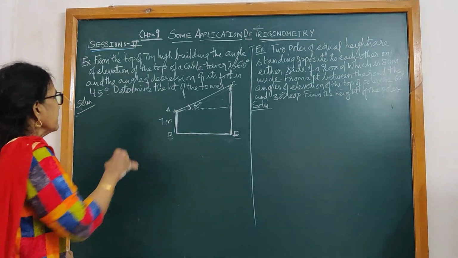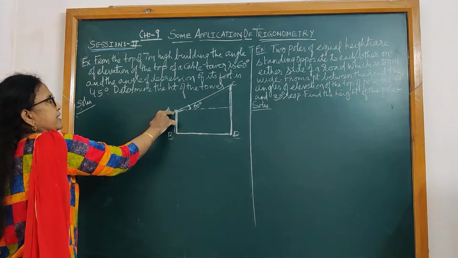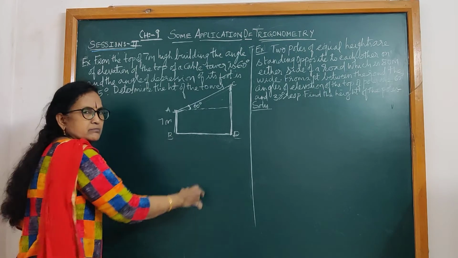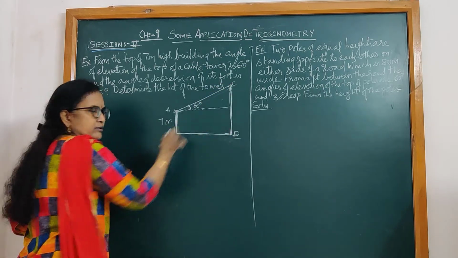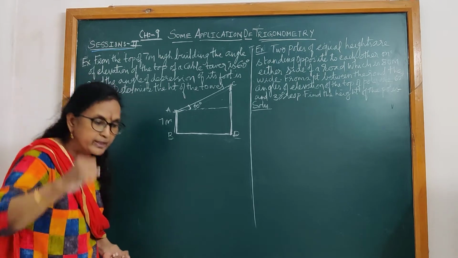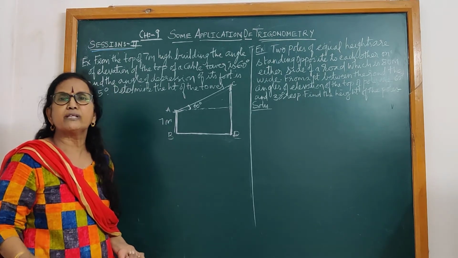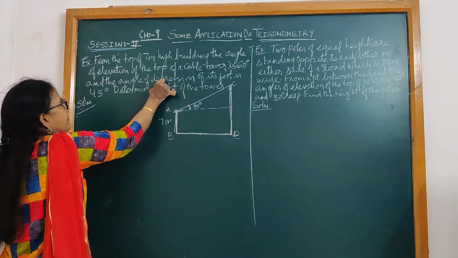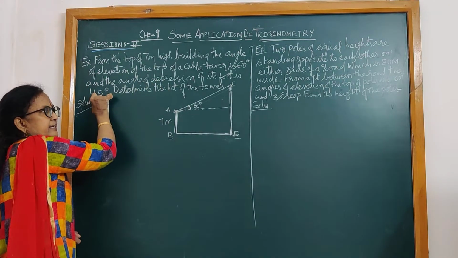Now from the same point where you are standing, you are looking at the foot of the tower. This is the top and this is the foot. From the top you are looking at the bottom, so naturally the angle formed will be the angle of depression. The angle of depression of its foot is 45 degrees.